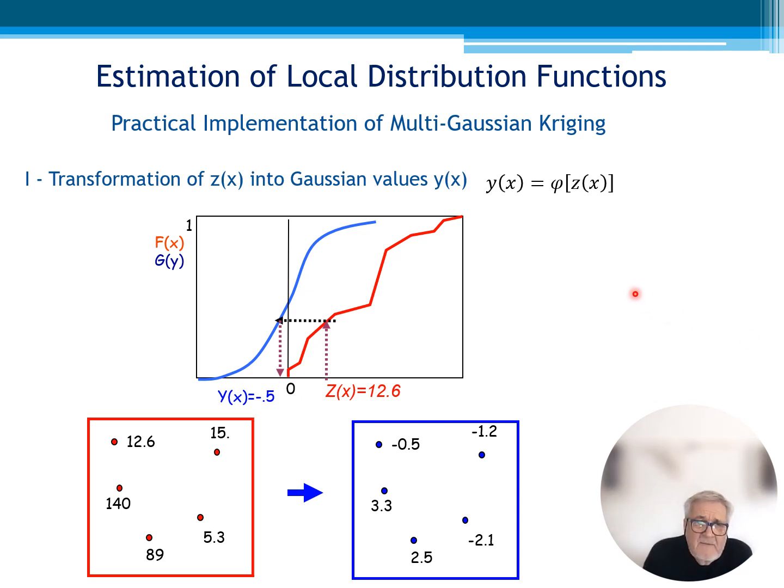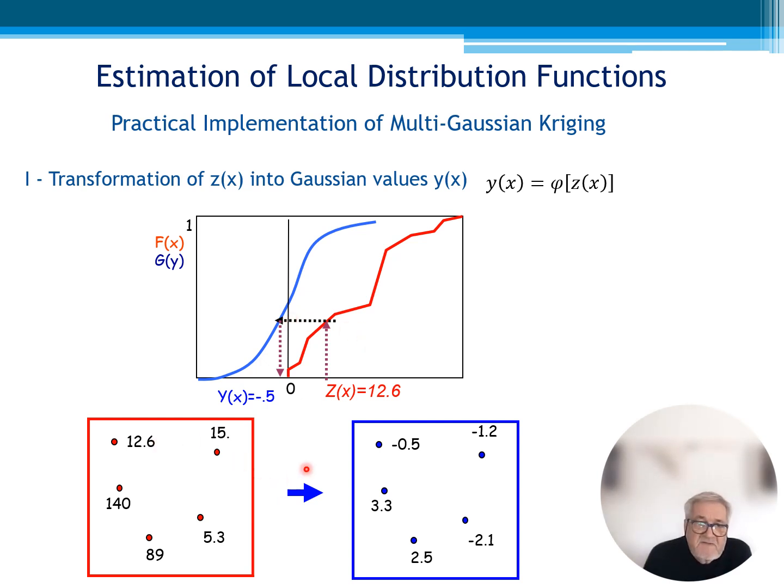This is represented here, uniform transformation, which means that the values of my original variable z are transformed through the cumulative distribution function. So they are equivalent to the Gaussian value with the same cumulative probability.